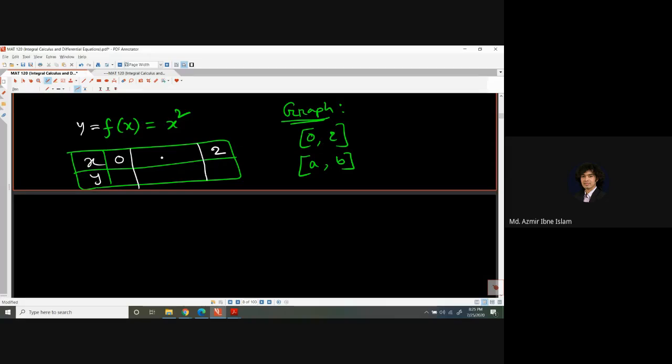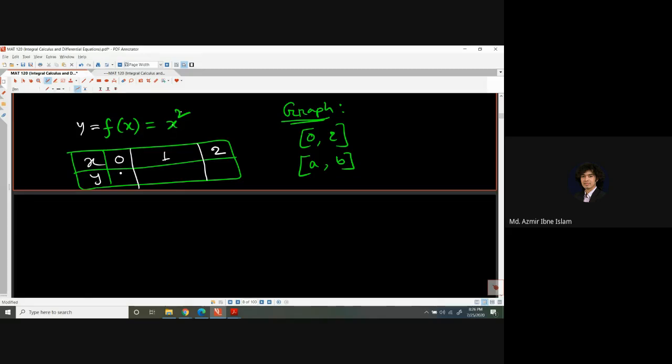In between 0 and 2, we can take any random value, 1. The more values we take, the more points we have, and the graph will be smoother. So let's input 0 where we have x.